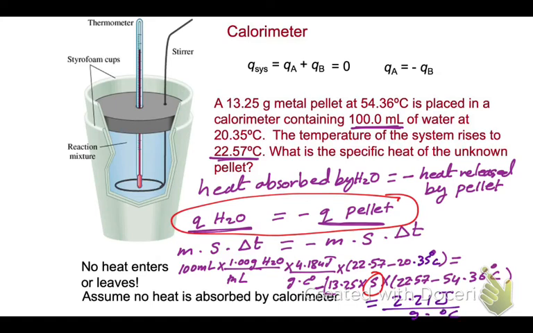And let me write it again here. Maybe I'll put it somewhere here so you guys can see it. 2.21 joule for every gram every degree Celsius. Okay, and I corrected here the initial temperature for water. It was 20.35 degrees Celsius. All good.